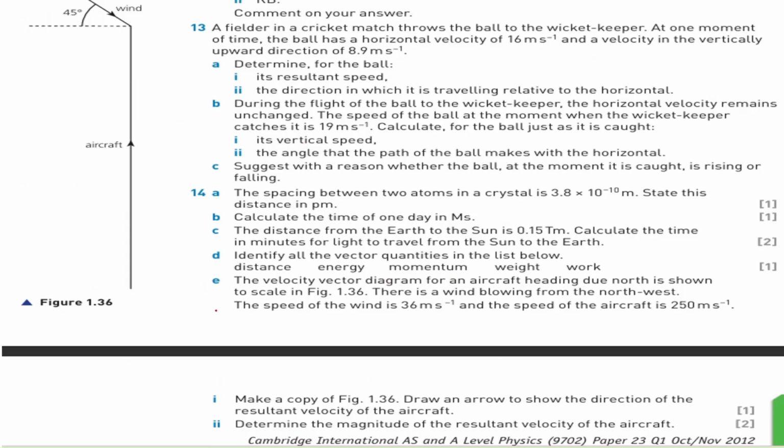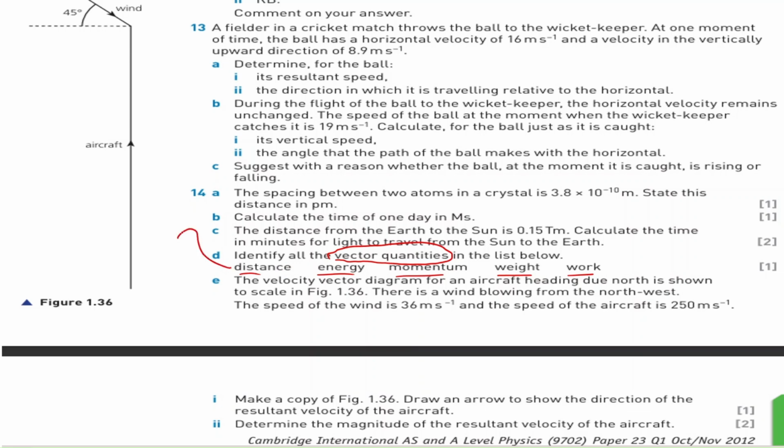In question D, identify all the vector quantities in the list below. They give 5 different physical quantities, and from these we have to find the vector quantities. If it is not a vector quantity, it is a scalar quantity.